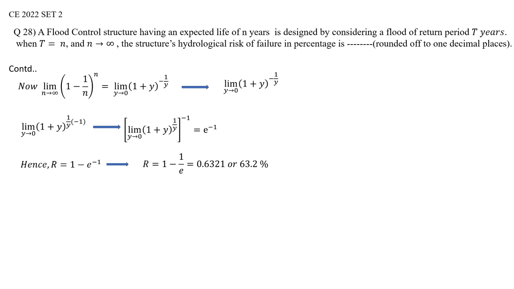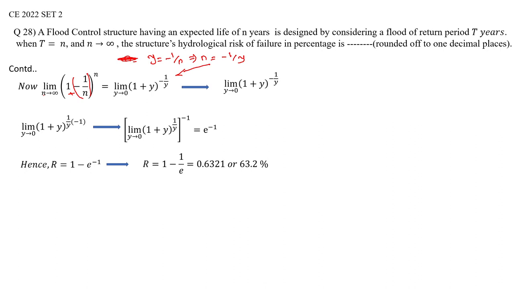Limit n tends to infinity of (1 minus 1 by n) whole power n can be written by substituting y in place of n: (1 plus y) whole power minus 1 by y, because y equals minus 1 by n, so n equals minus 1 by y.